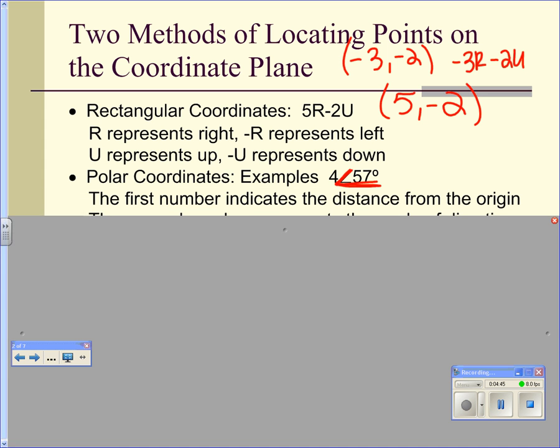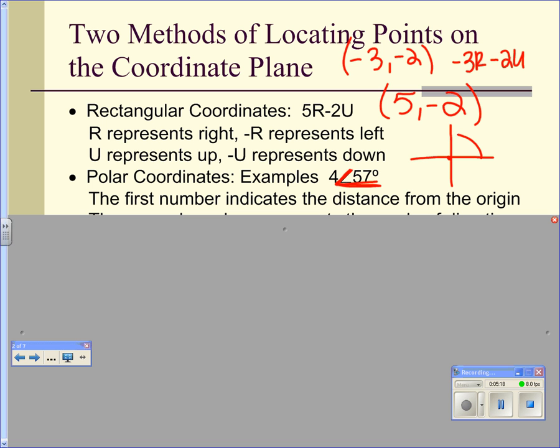So what it means, the first number tells you how far away you are from the origin. So if I'm at the origin, but I want to be 4 units away, there are a lot of different points that are 4 units away, right?